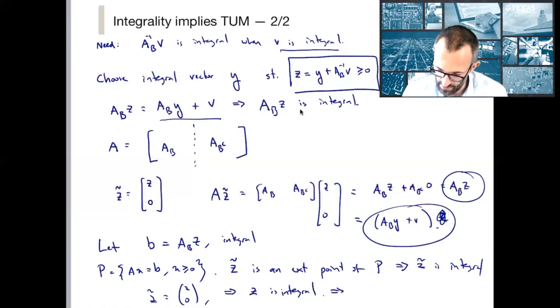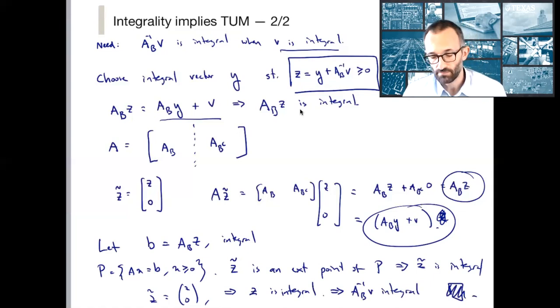So this means that AB inverse V is integral, and therefore integrality implies total unimodularity. So again, what is the key link that we didn't show here? That is the equivalence of those first two definitions that are on the very first slide of this lecture.